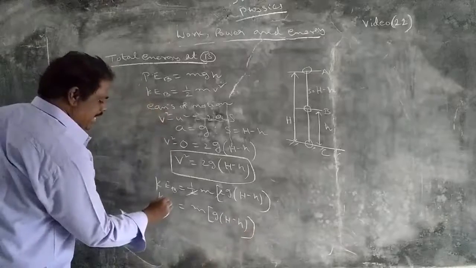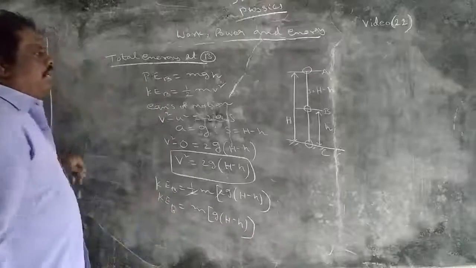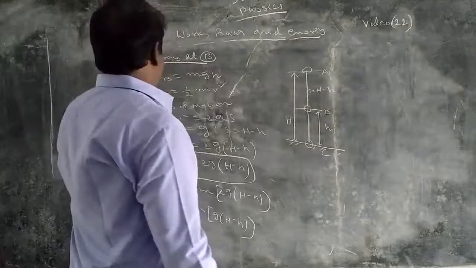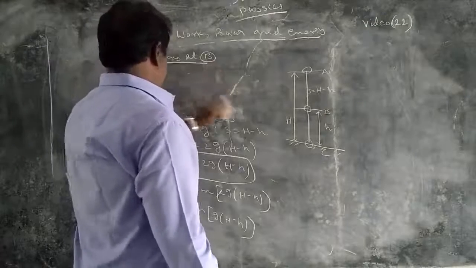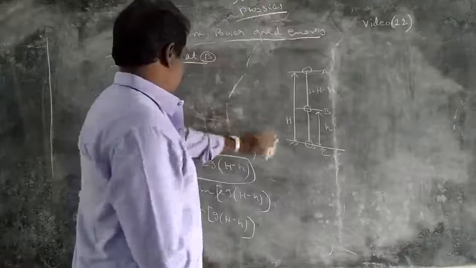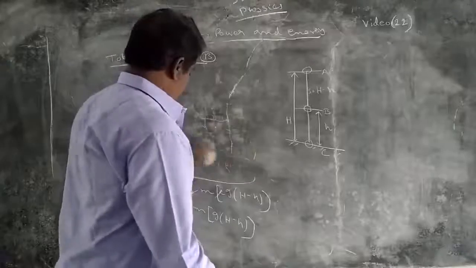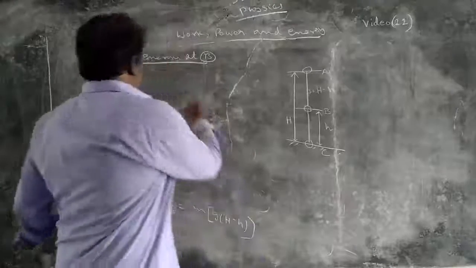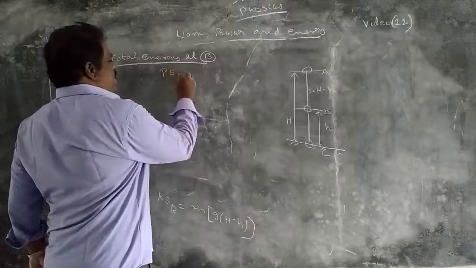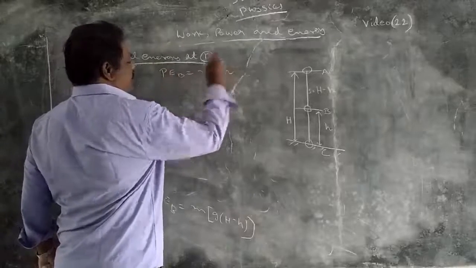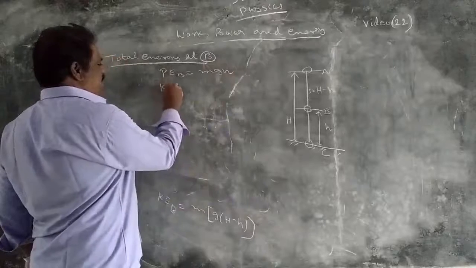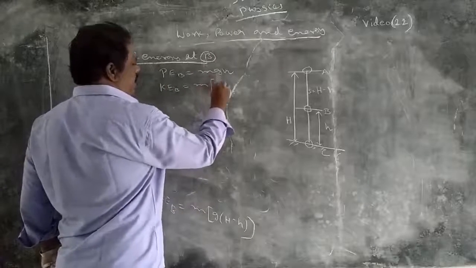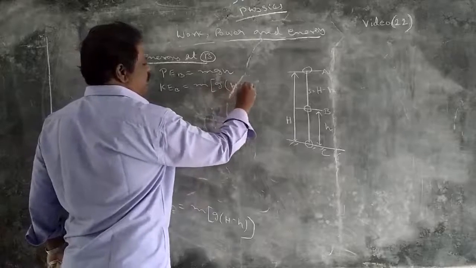Okay, this is the kinetic energy at B. Then, how do you calculate the total energy? Already, potential energy at B is equal to mgh, and kinetic energy at B is equal to mg into H minus small h.